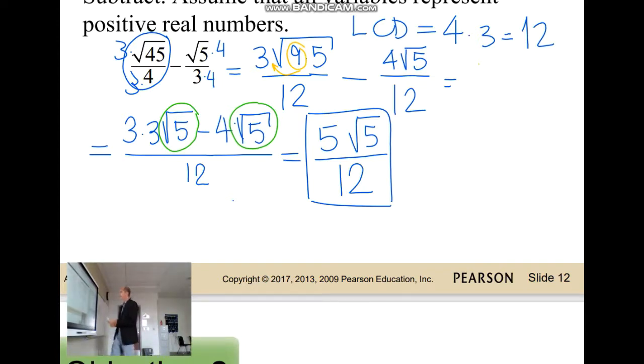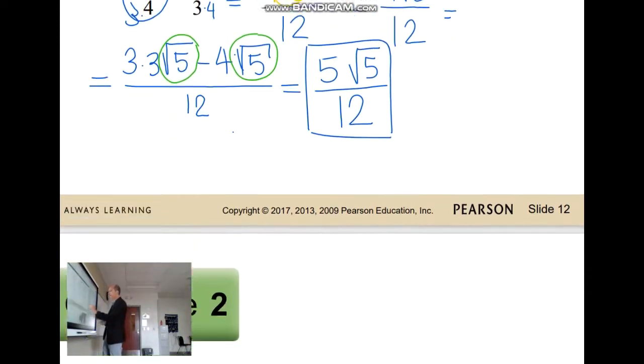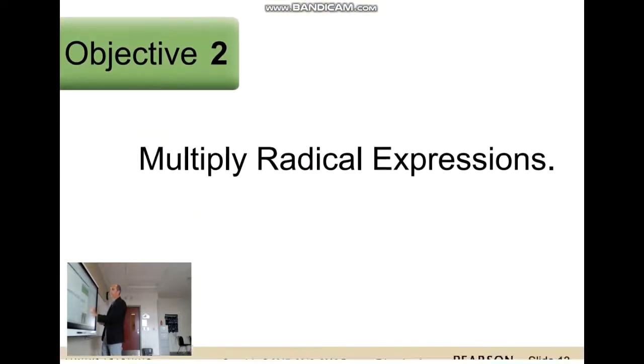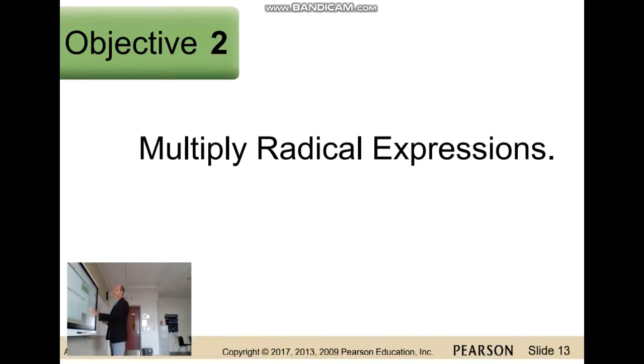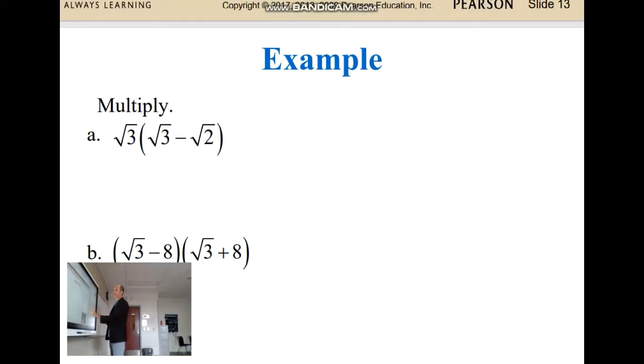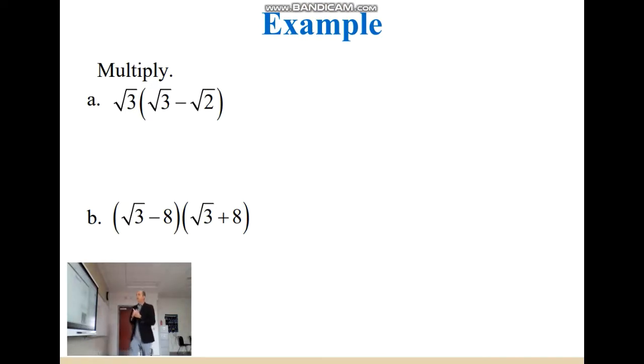Moving on, now we are working on the next objective, which is to multiply radical expressions. Let's work with these examples here, multiplying radical expressions.